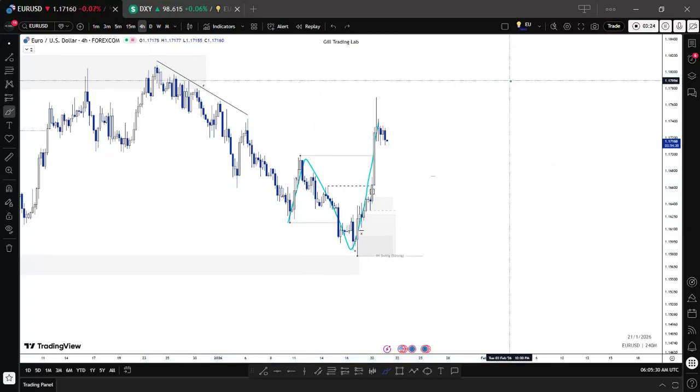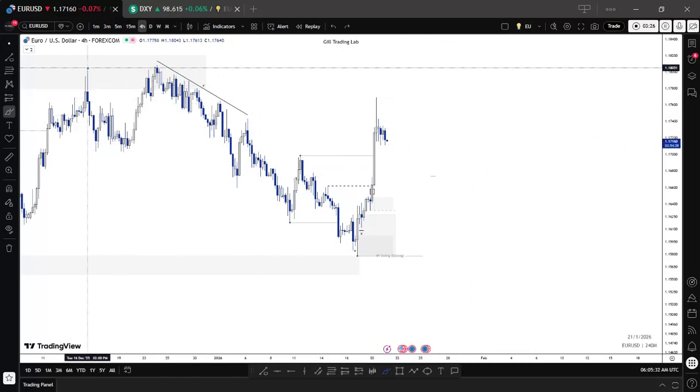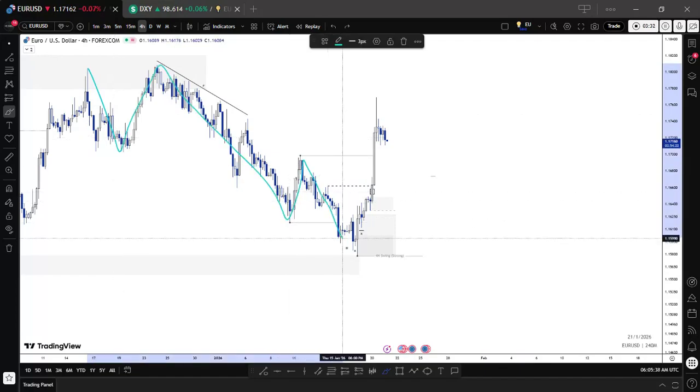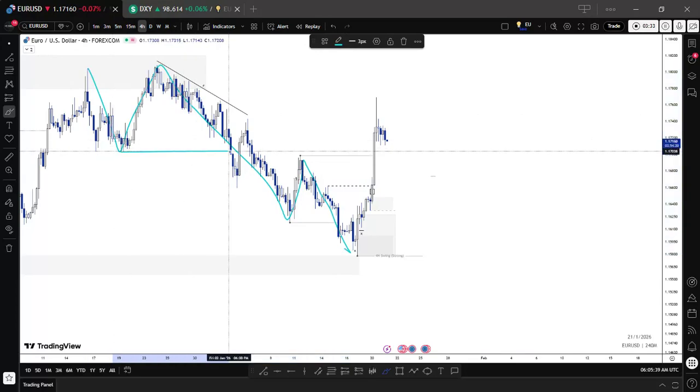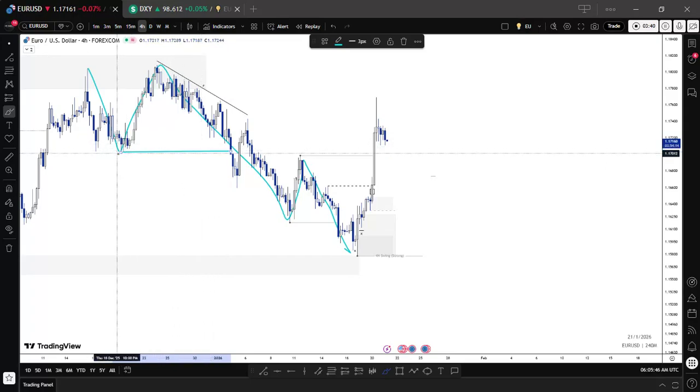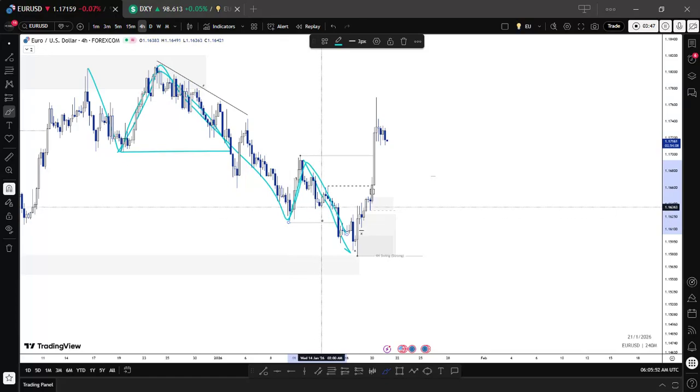Another thing, as you can see, this was my initial swing structure. I had mapped this as my swing low. But without complicating things, this is a large range compared to this one, though they're kind of similar.